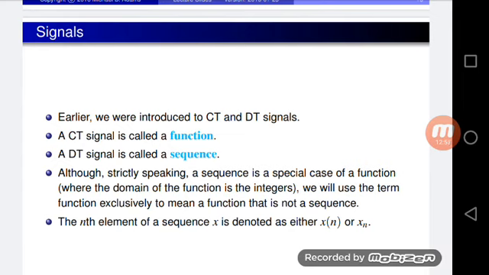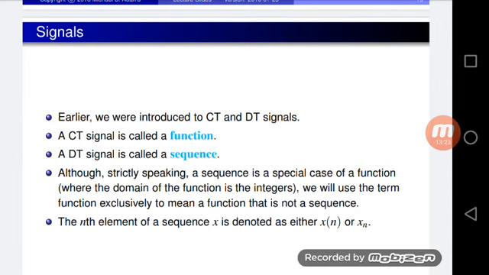A discrete time signal is called a sequence. We know a discrete time signal is divided into equal intervals, that's why it is called a sequence. CT means function, DT means sequence.